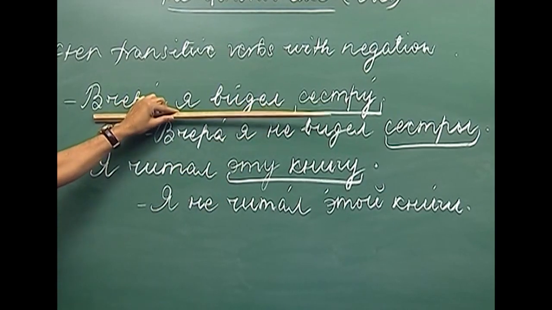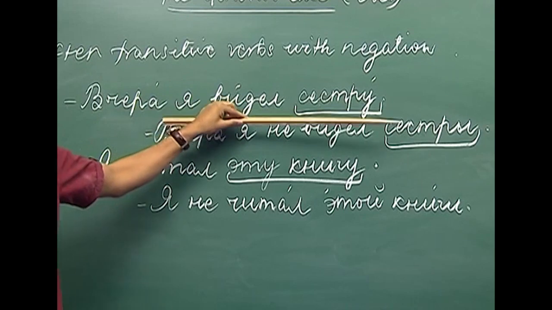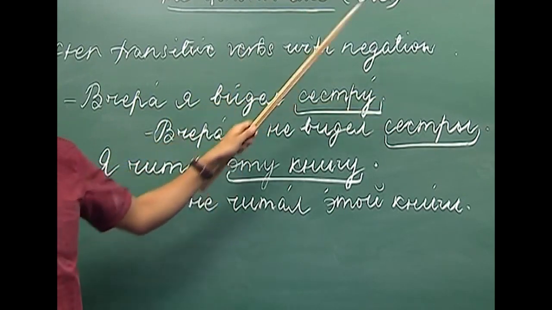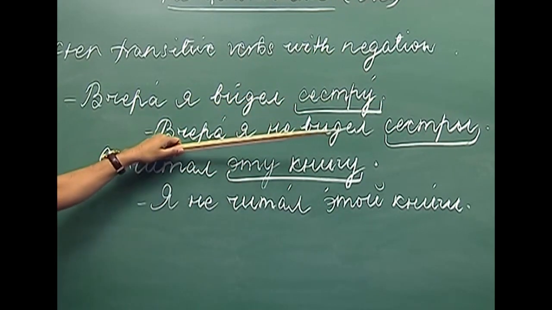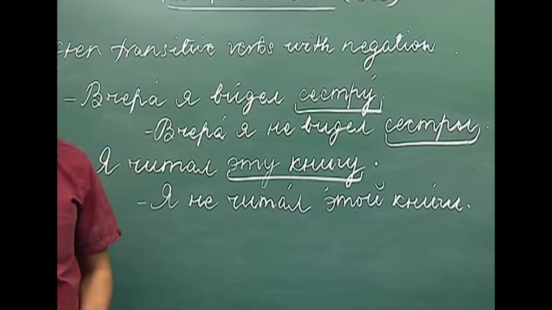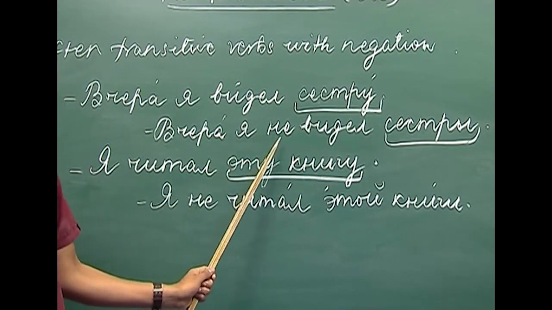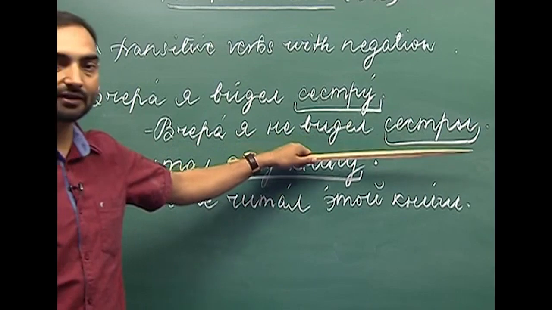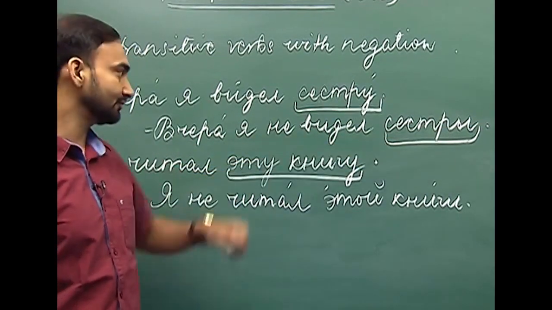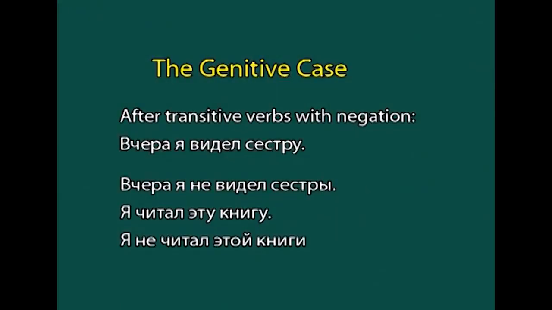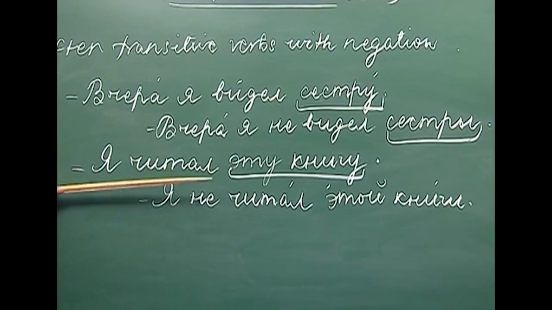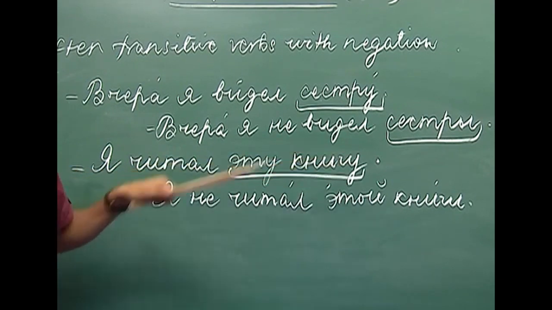So, if there is an affirmative sentence, we use the accusative case to denote the direct object, but whenever we use the same transitive verbs with negation, here "ne" is there, we use the genitive case of nouns. The second example: "Ia cital etu knigu", I read this book.